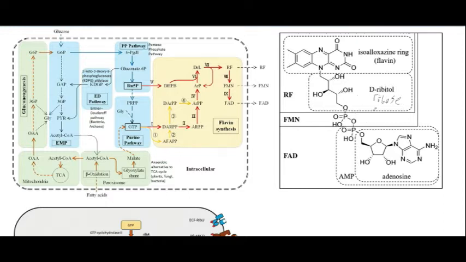Deoxyribonucleic acid contains ribose. And then when we make FMN, or flavin mononucleotide, it's just adding this phosphate. And then flavin adenine dinucleotide, which is the molecule that riboflavin is needed for.